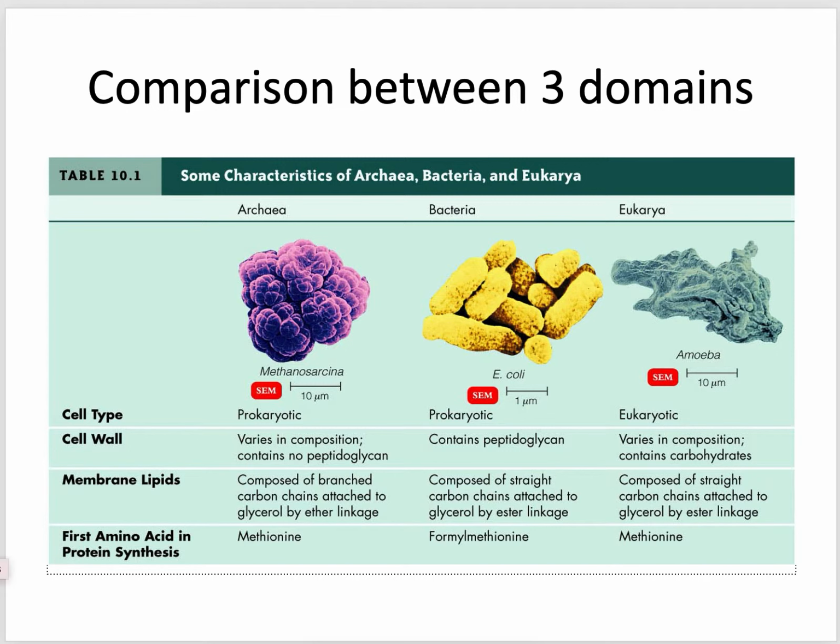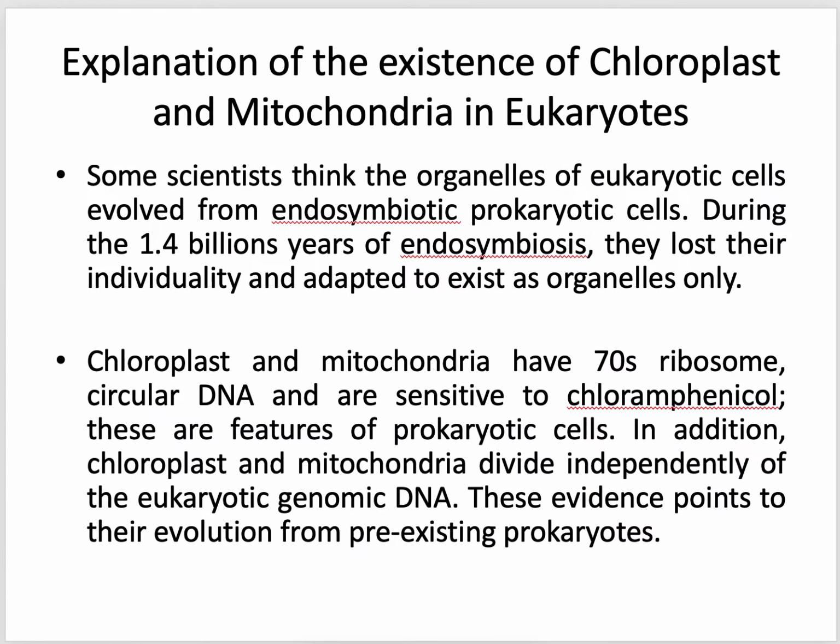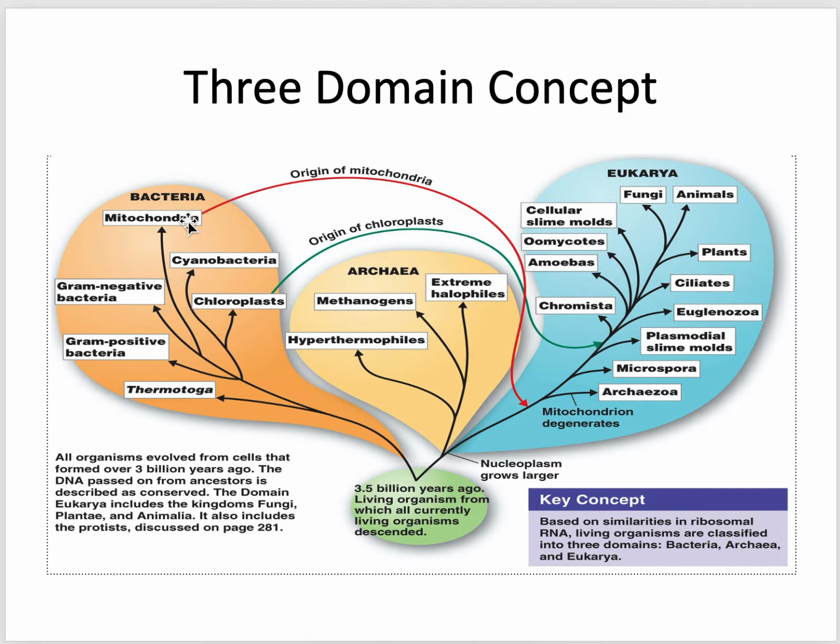In the last slide I talked about the mitochondria, chloroplast, and the endosymbiotic hypothesis. So what is the explanation for the existence of chloroplast and mitochondria in eukaryotes? You can see that chloroplast and mitochondria were here, but by this arrow they were also shown in the eukaryote domain.